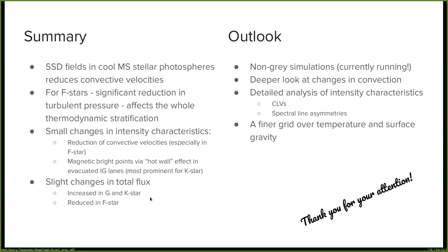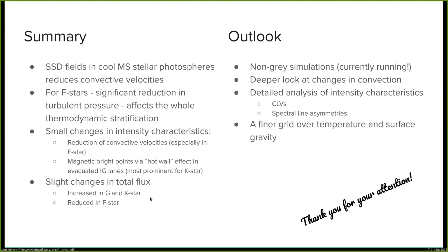For the future outlook, all of the simulations that I talked about just now are gray atmosphere. I am currently running non-gray simulations, which would take into account the effect of different spectral lines and line profiles.